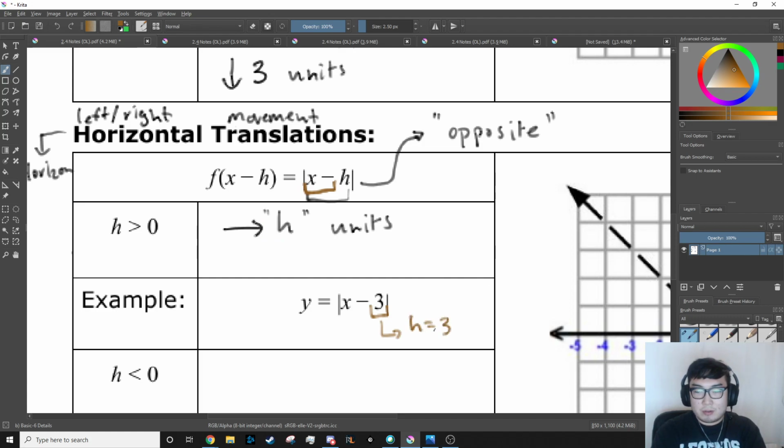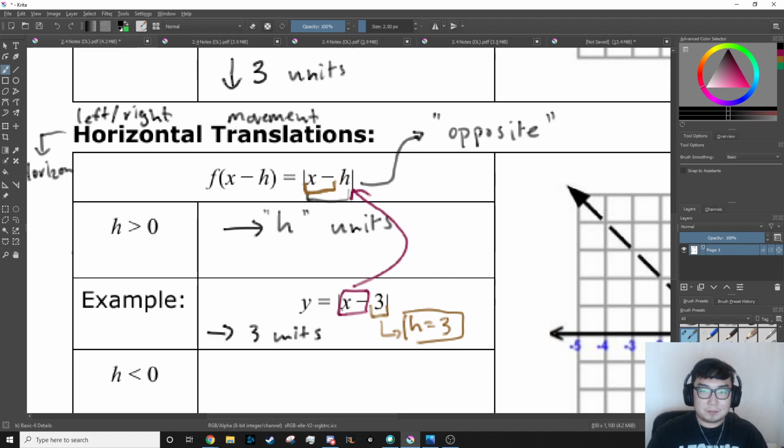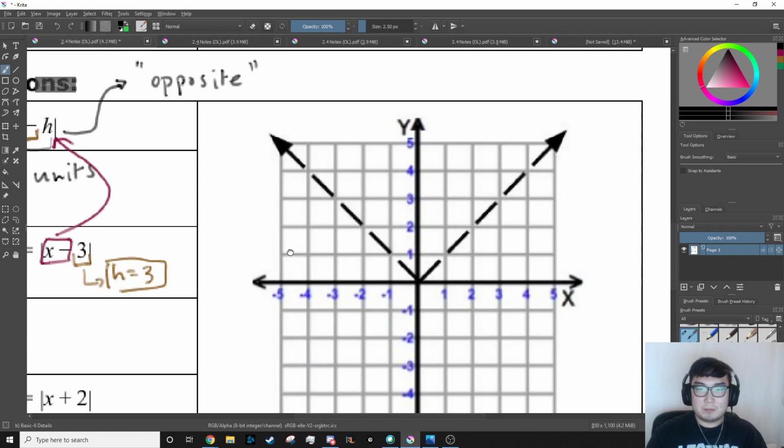H is equal to 3, because we know this part right here is part of the equation. But the 3 is equal to h. So we go to the right 3 units. And that looks like so.